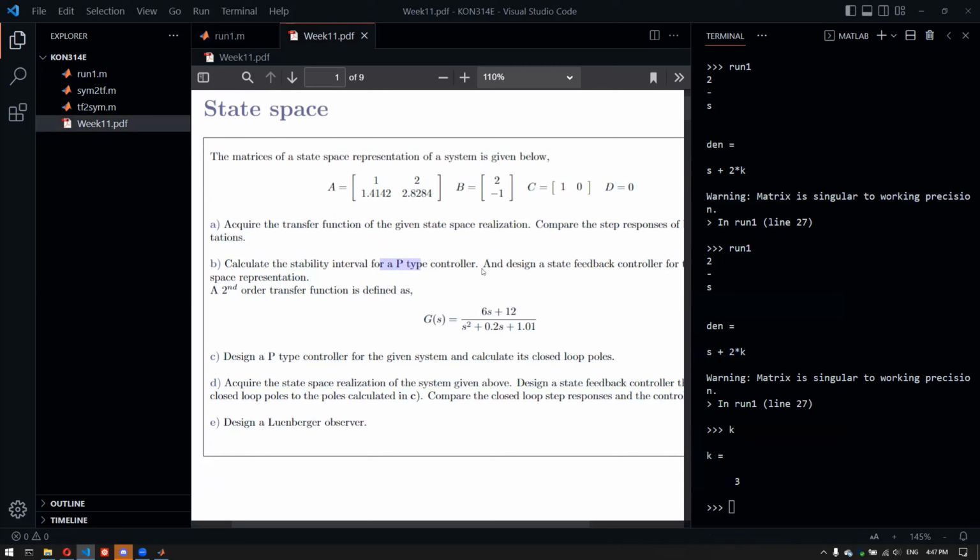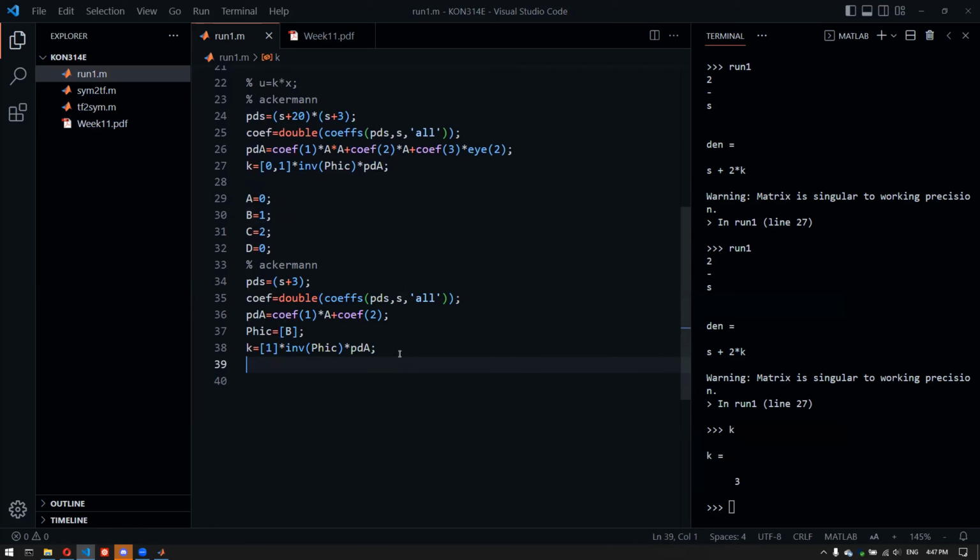We have seen that we can design a P-type controller. And in the scalar version here, the P-type controller is the same as having a state feedback controller. So they're basically the same if we're talking about a scalar system. If it's an nth order system, then the state feedback controller is kind of the generalization of a P-type controller.